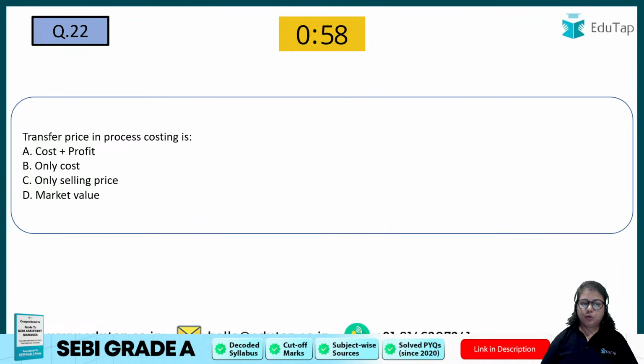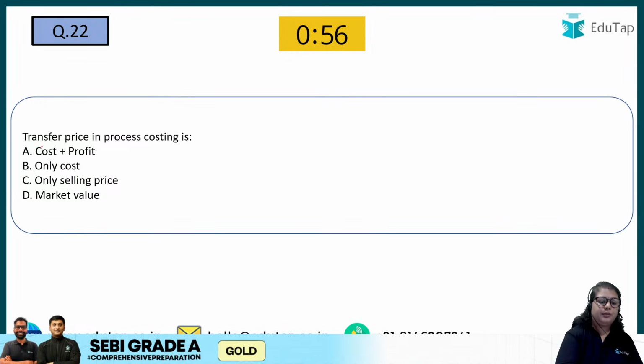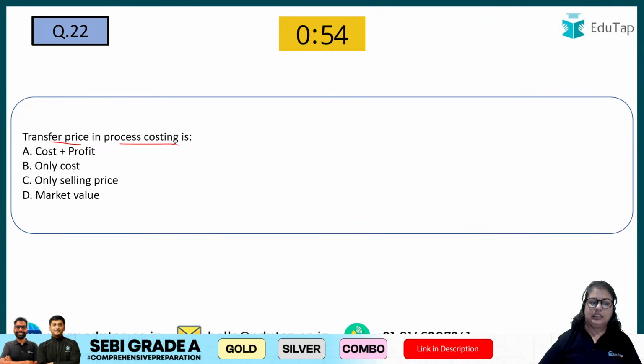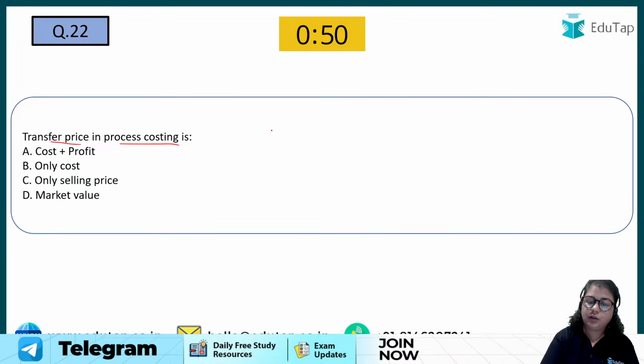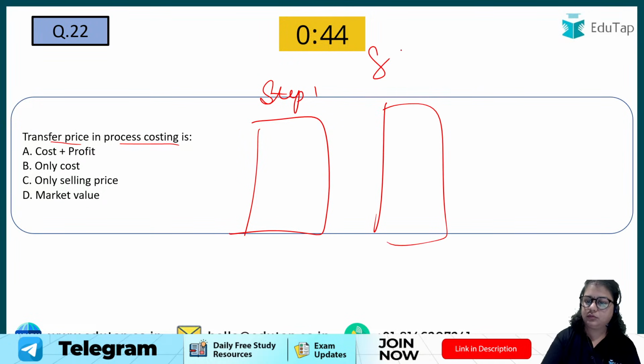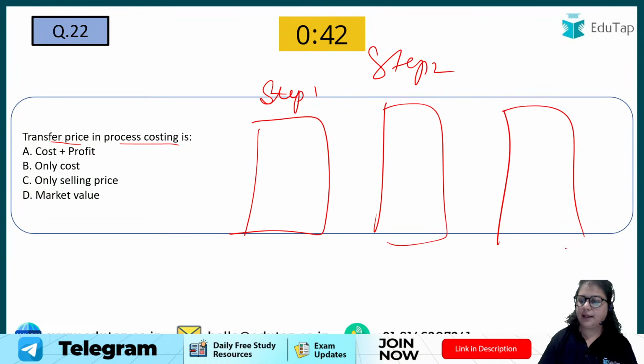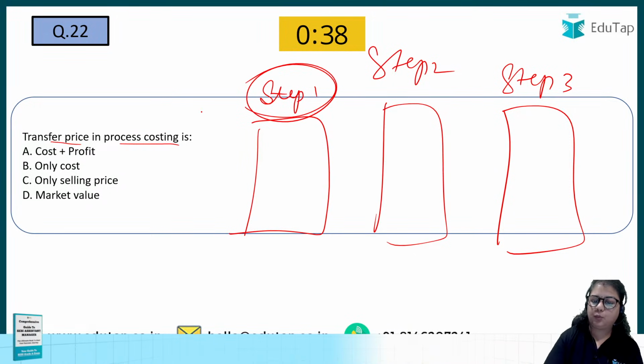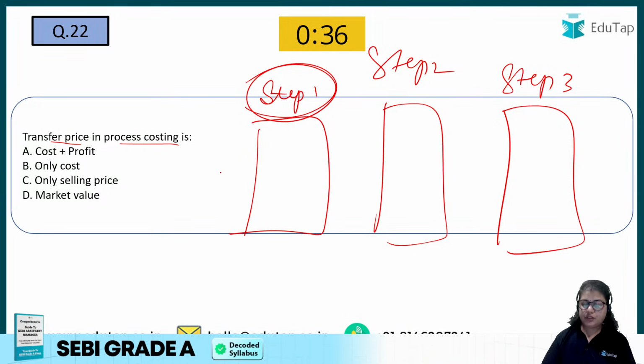Question number 22. What is transfer price in process costing? Now we know in process costing there is process 1, you can say step 1, step 2, step 3. In step 1, we have some inputs.